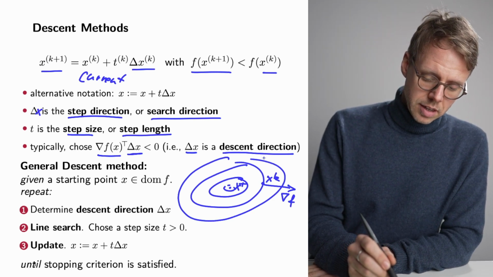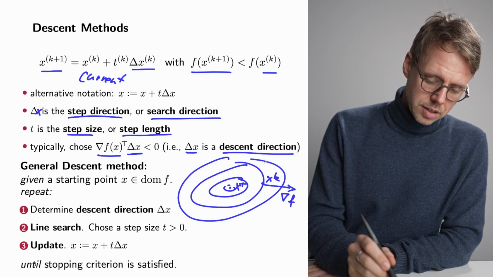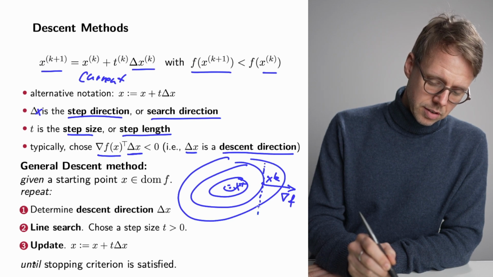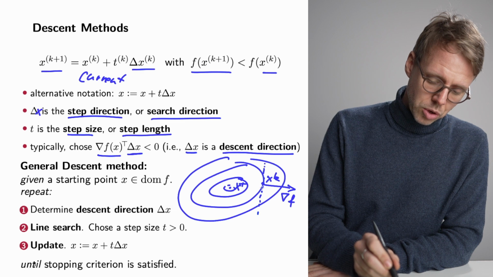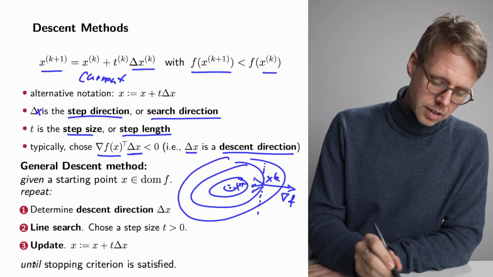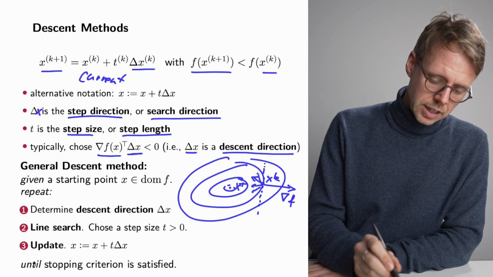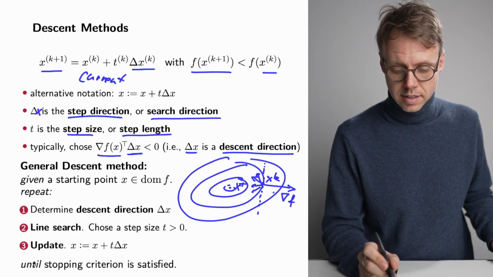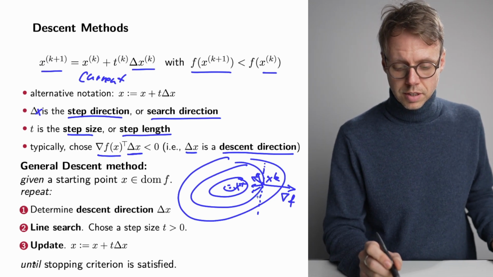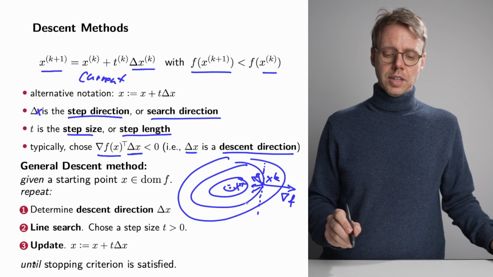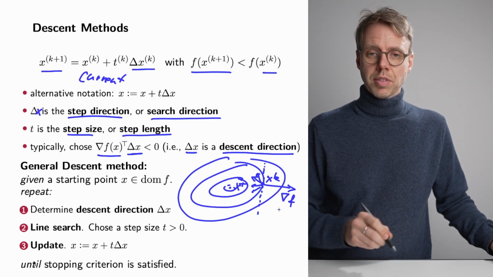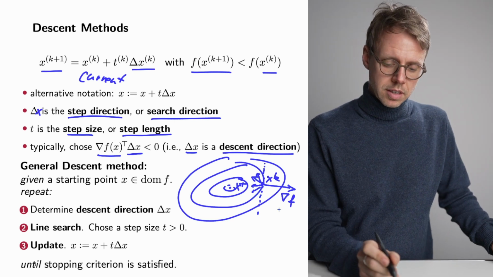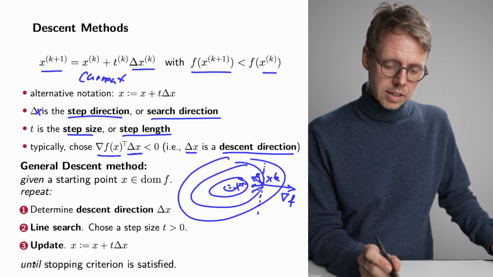Then any direction that goes on this side here, that we could choose as our delta xk, would produce a negative inner product with the gradient, and thus be a descent direction.